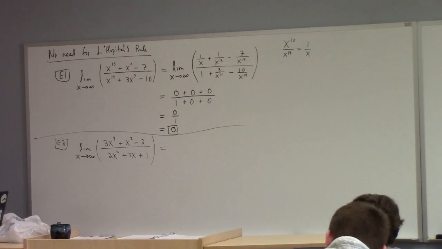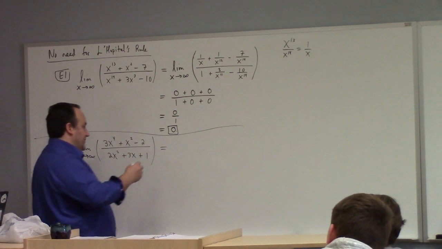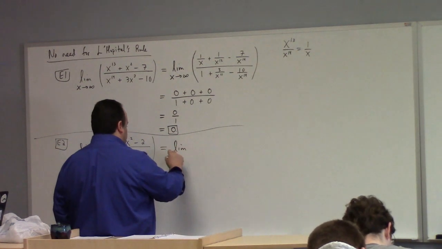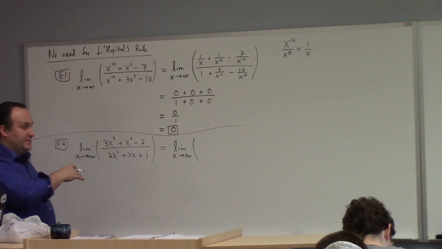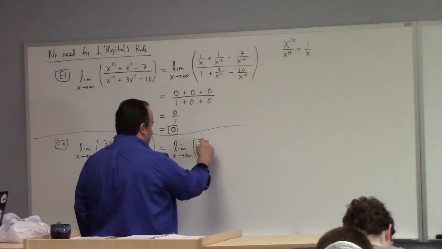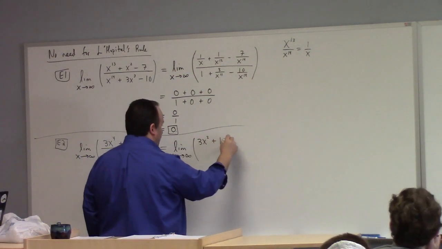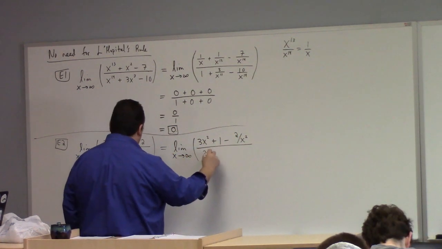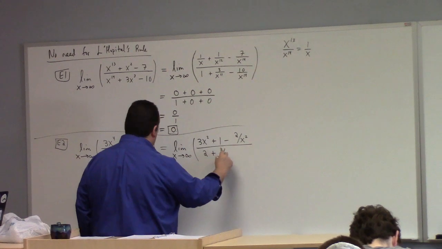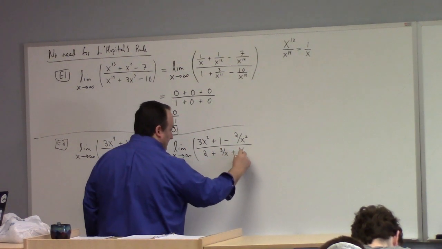Well, again, if we divide by the highest power in the denominator, it should reveal the nature of the limit here. So we've got limit as x goes to infinity, divide the top and the bottom by x squared. We get 3x squared plus 1 minus 2 over x squared, divided by 2 plus 3 over x plus 1 over x squared.